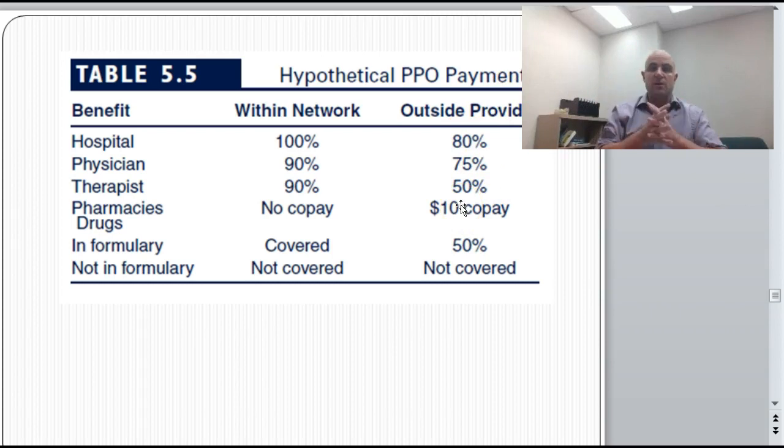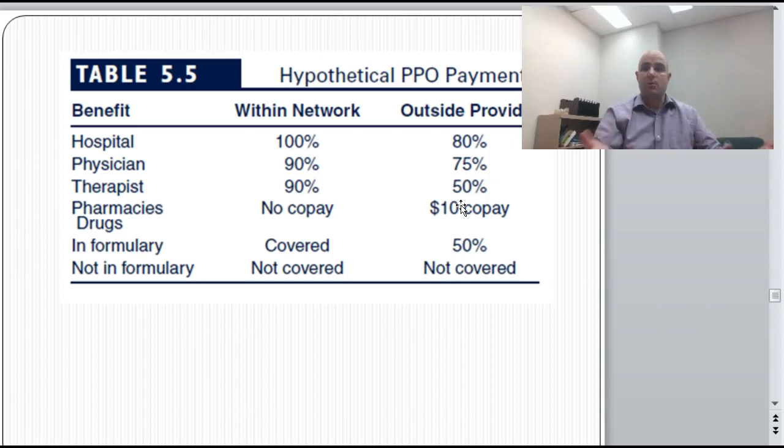So the reason why they do this with the PPOs is they do negotiation basically. And so they go to these doctors and they say, look, you can be in our network, and we'll send patients to you.